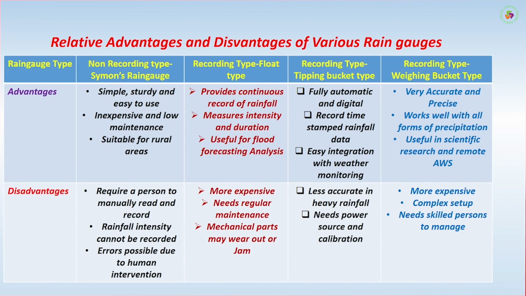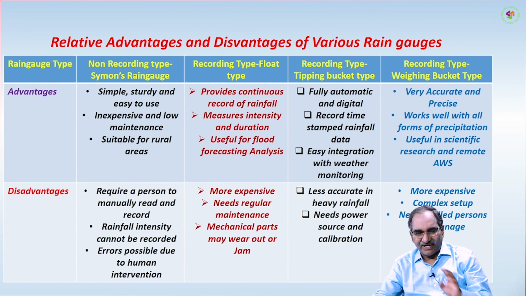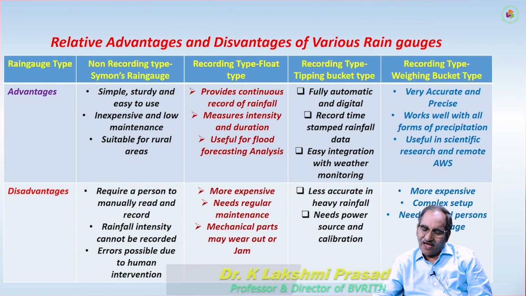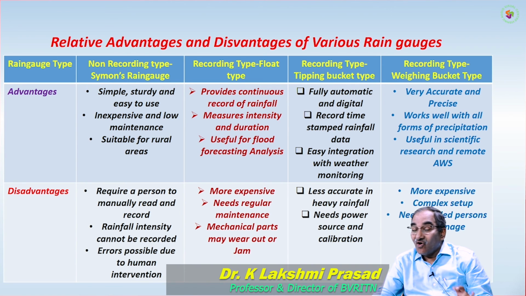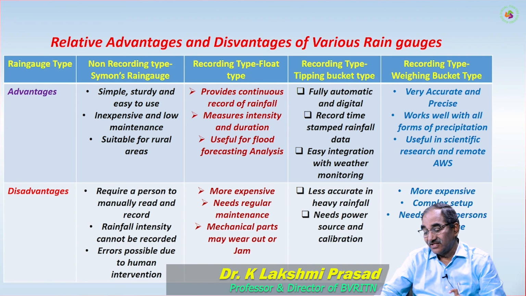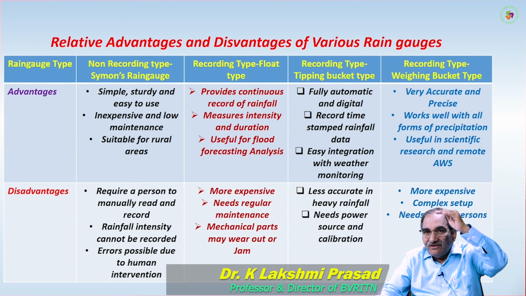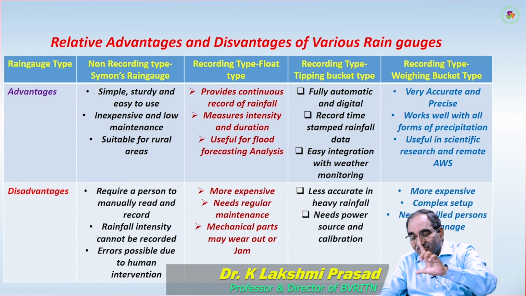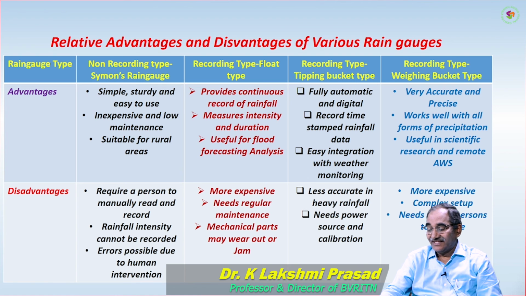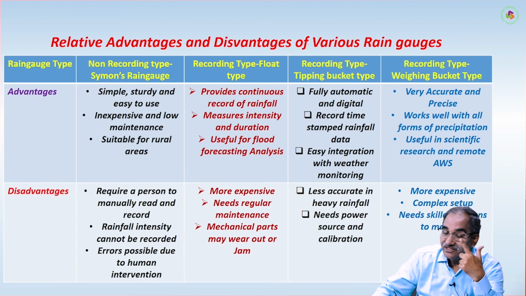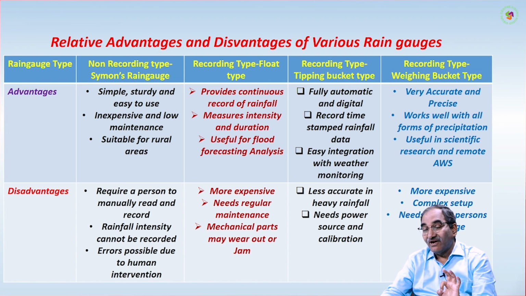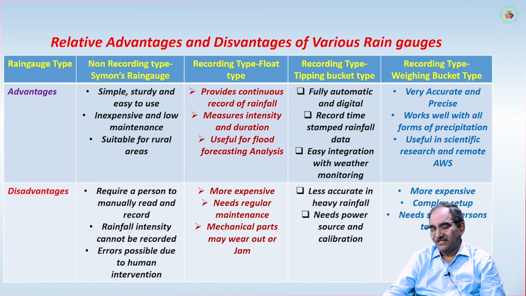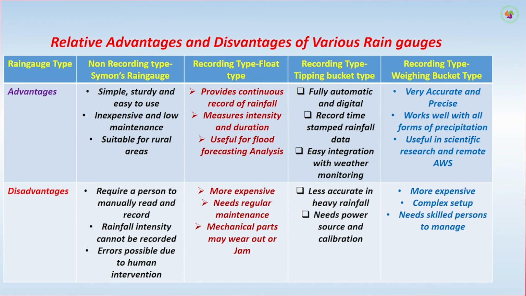Mostly it is used for research purposes, because it is very expensive, highly expensive out of all of them. It is also complex. The weight has to be converted into rainfall, so that mechanism is a complex setup, and naturally a skilled person is required to maintain the complete instrument. So that is the problem.